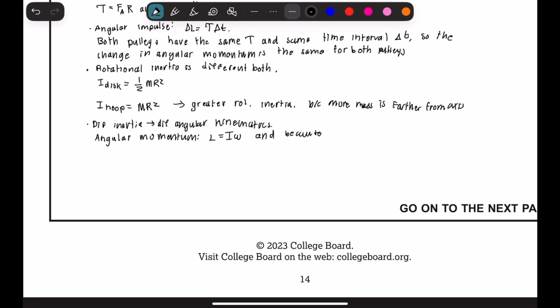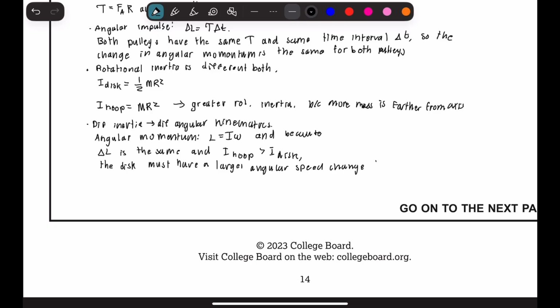Because we know that the change in angular momentum is the same, and we also know that the inertia of the hoop is greater than the inertia of the disk, then we know that the disk must have a larger angular speed change than the hoop.